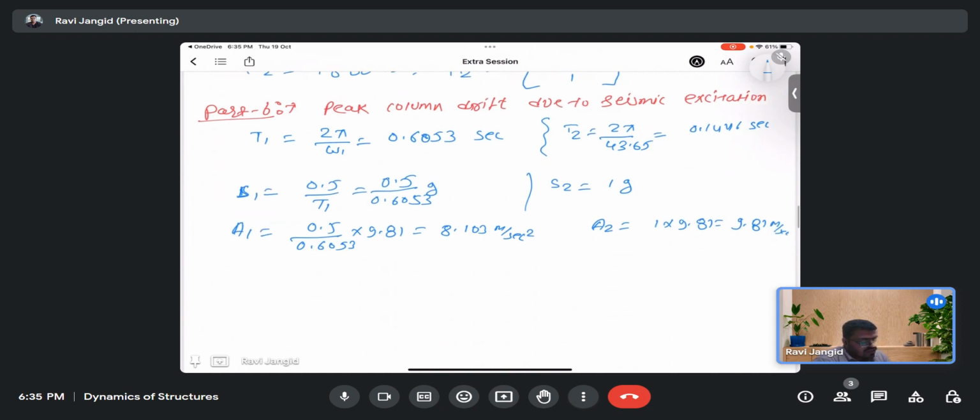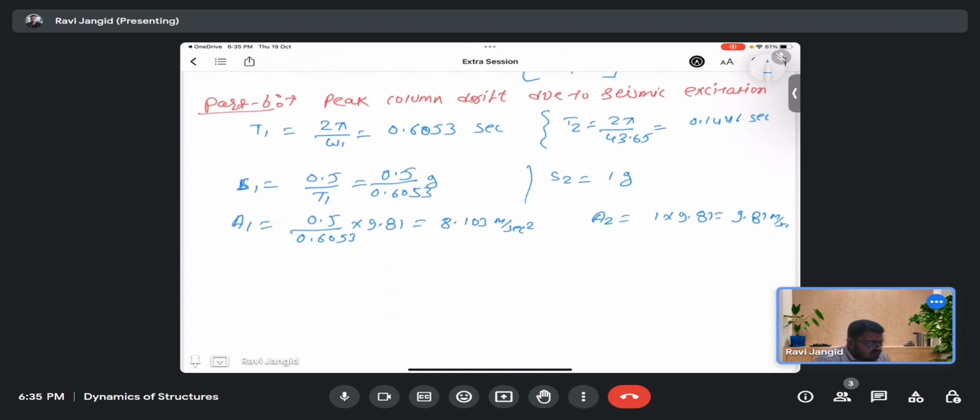So now after A1 and A2, you can get D1, D2, the modal displacement. That is A1 divided by omega 1 square, so that is 8.103, and omega 1 is 10.37 square. If you do that, you will get 0.07535.